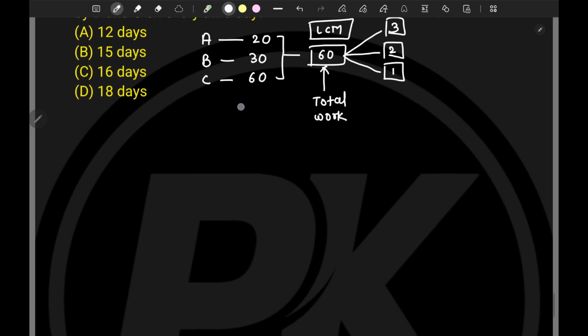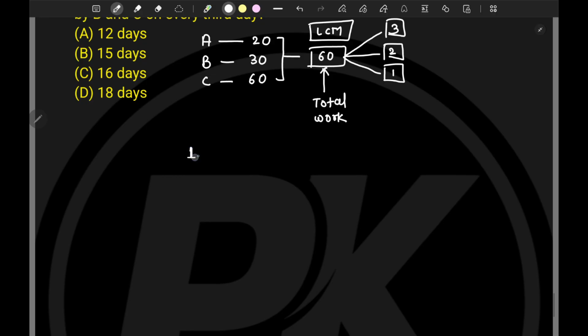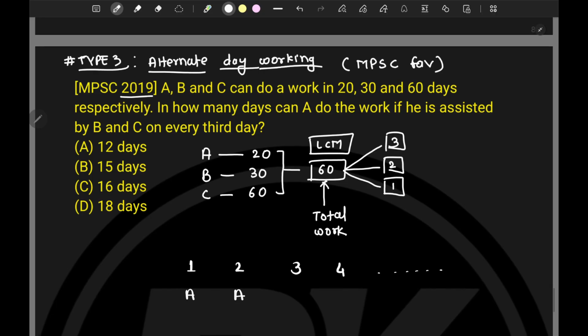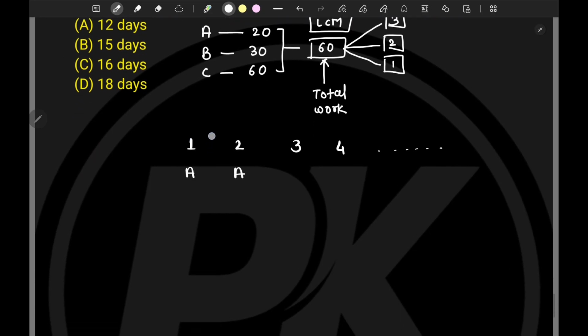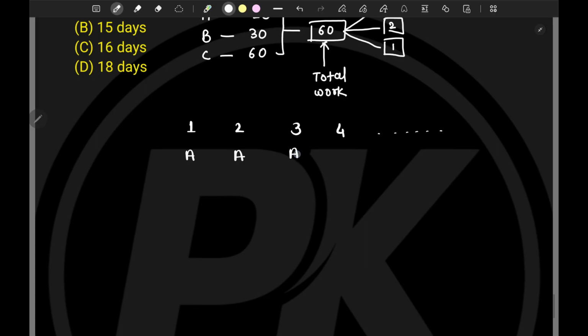To understand this, let's say this is day 1, day 2, day 3, day 4, and so on. On day 1, who is working? Only A. On day 2, only A is working. But on every third day, A is assisted by B and C. That means on the third day, all three persons are working.